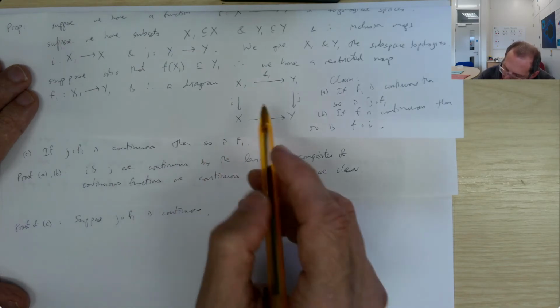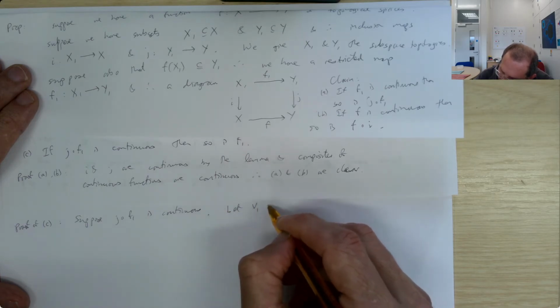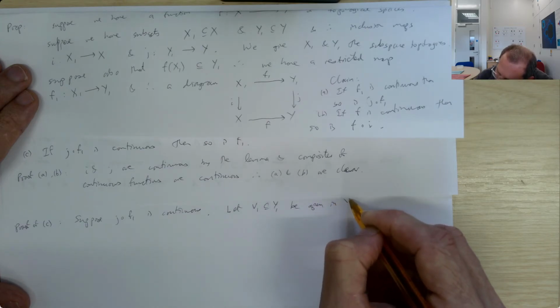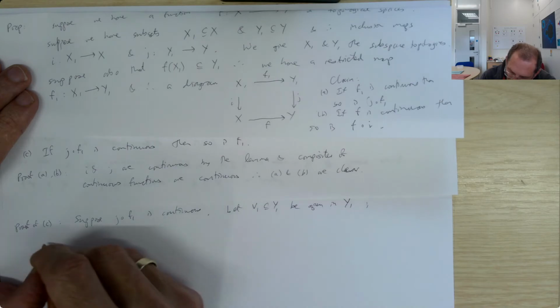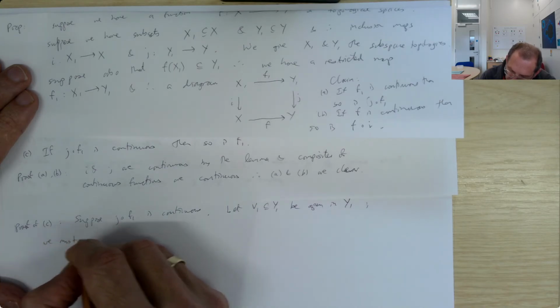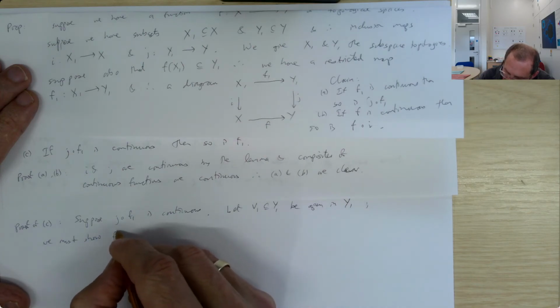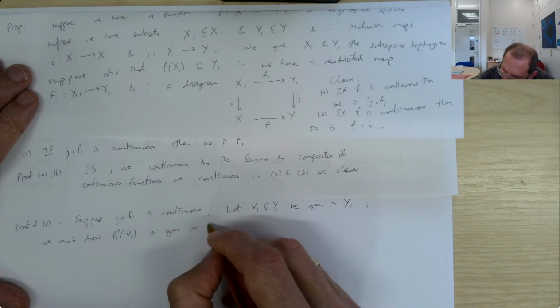Now we want to prove that f1 is continuous, so let V1 be a subset that's open in Y1. So we want to show that f1 inverse of V1 is open in X1.